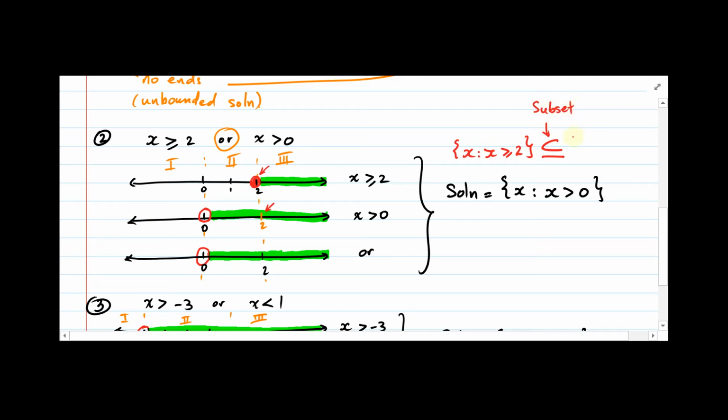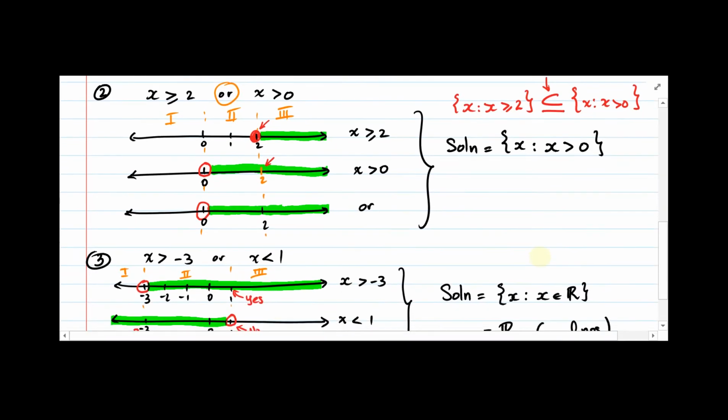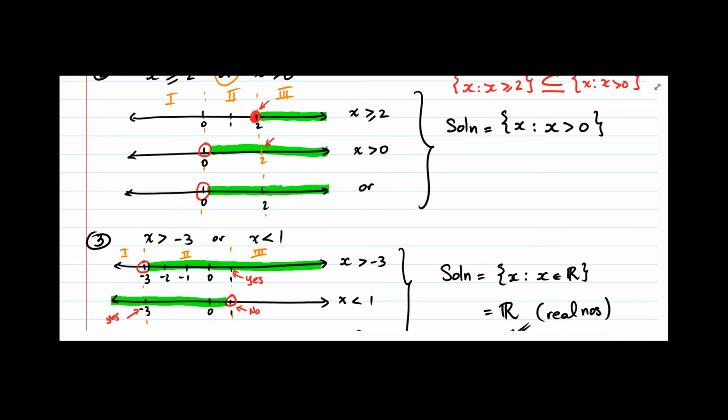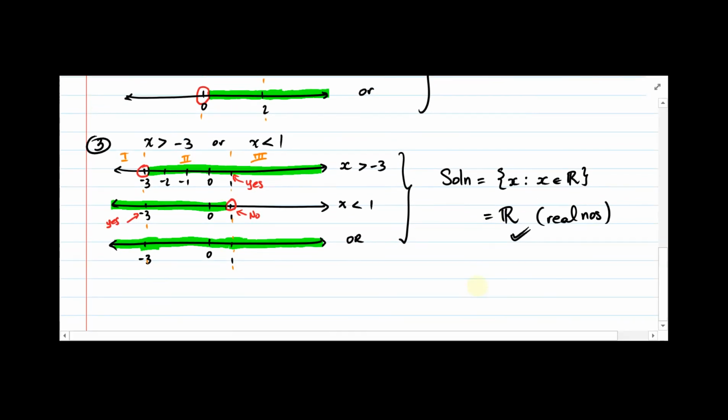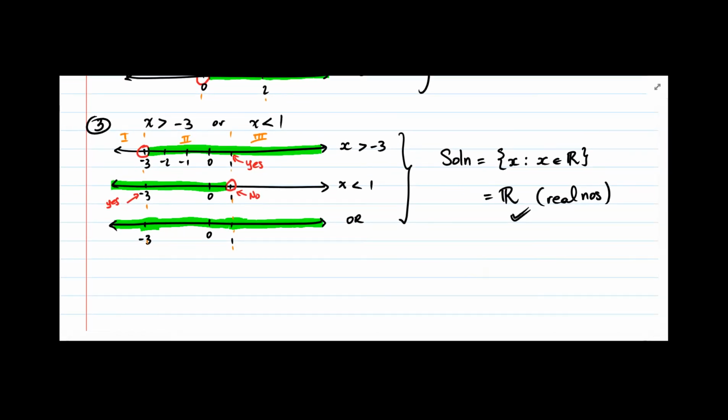It's a subset of the second set, the set of x's such that x is greater than 0. But as I said, everything will fall into place if you just look at the components and remember that a union is the joining together of 2 sets, then you shouldn't go wrong.